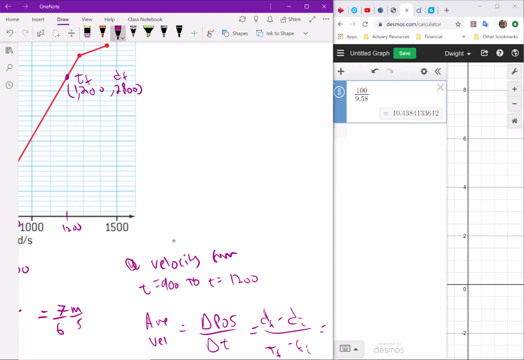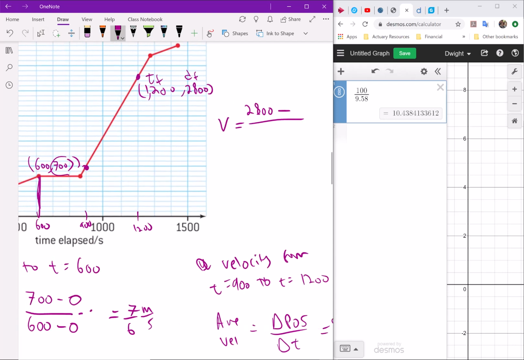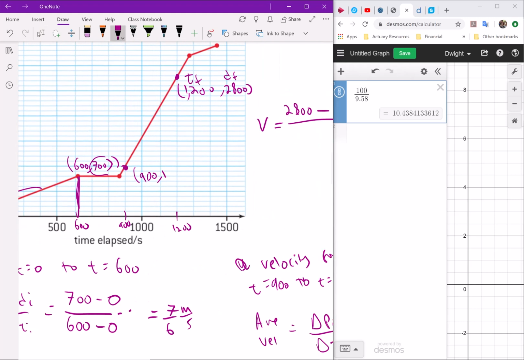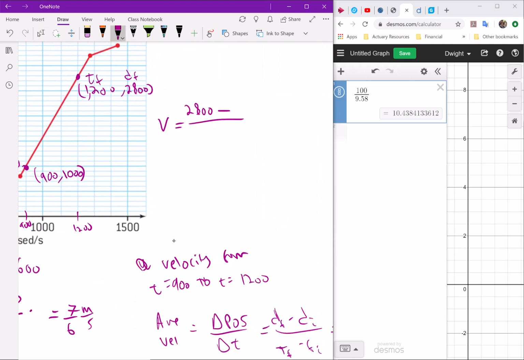And so if we're doing our velocity, we would get 2,800 minus our initial position. In this case, we were at 900, and then that value there was 1,000. So this is the final displacement, the final position.